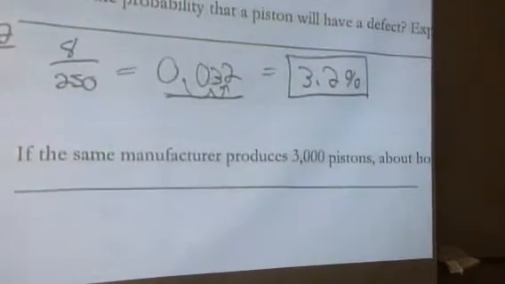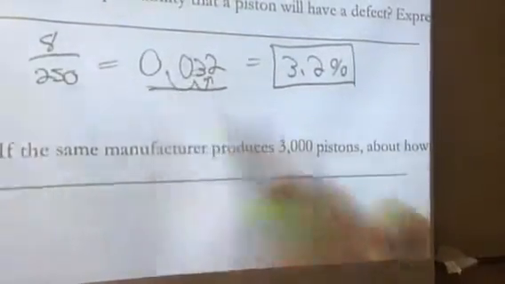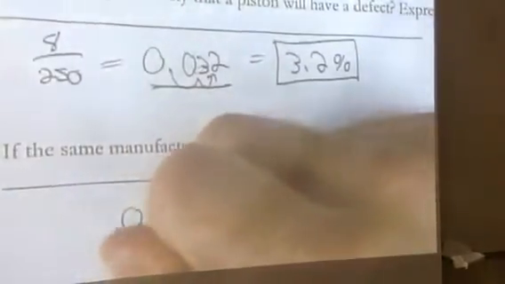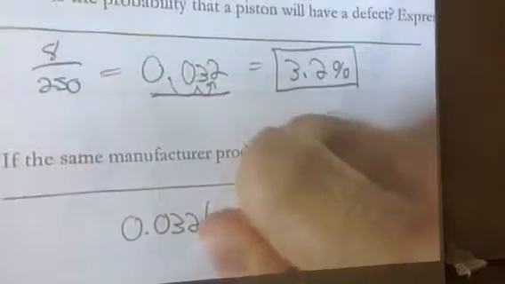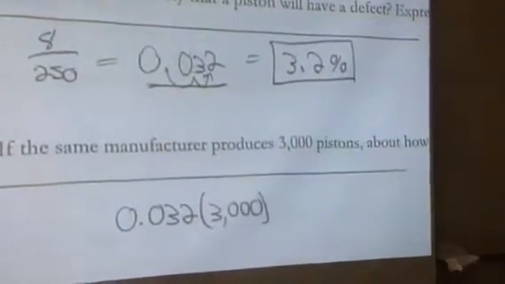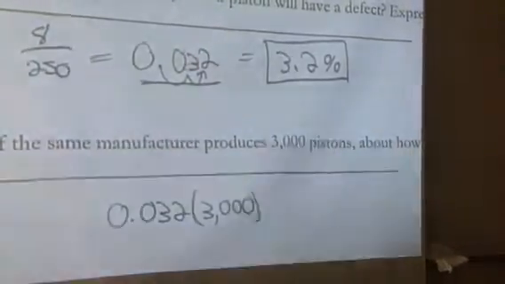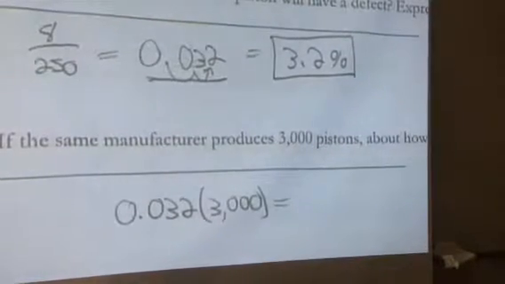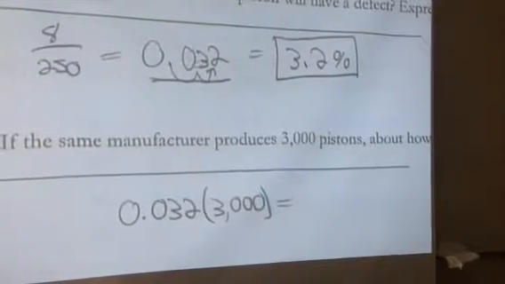To do that, all I've got to do is multiply this decimal amount, this experimental probability, by the number of trials this time. So I've got to take 0 and 32 thousandths and multiply it by the 3,000 that are being inspected here. I'll multiply it out for you, because I don't want to spend our time just multiplying.